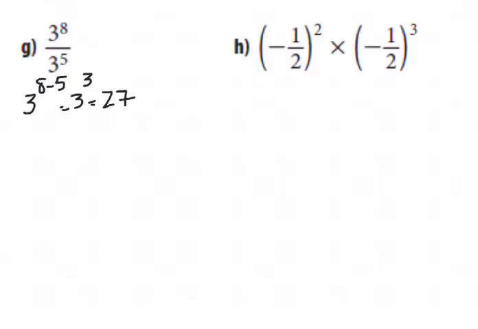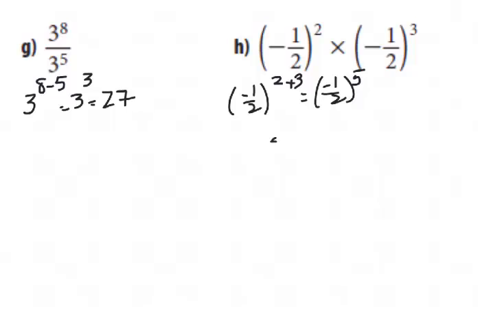H says negative 1 over 2 exponent 2 times negative 1 over 2 exponent 3. The same base, negative 1 over 2, and it's multiplication, so we add the exponents, which is negative 1 over 2 exponent 5. Now I can distribute the exponent inside.